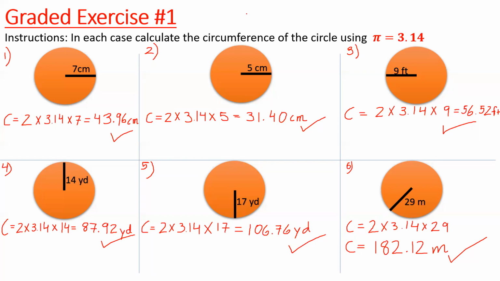Number 5? Yeah, you telling me I get that wrong. Number 5. Oh, you multiplied wrong.